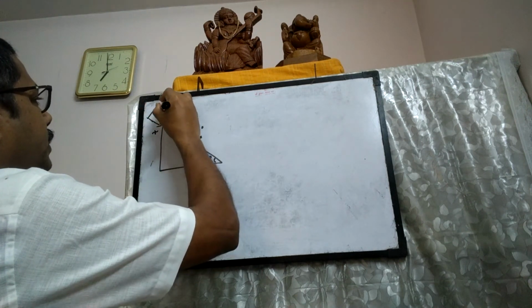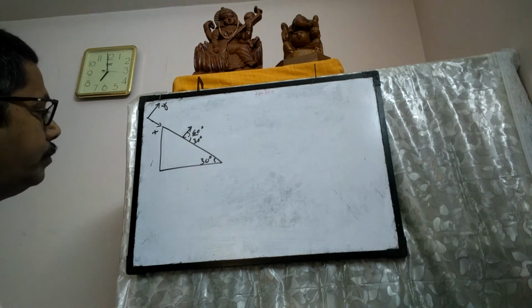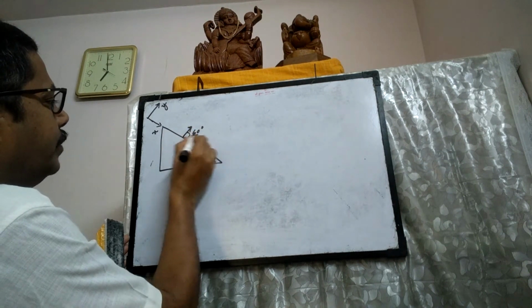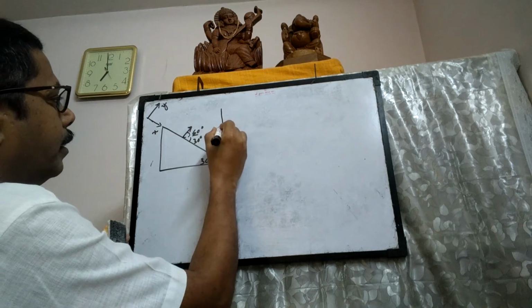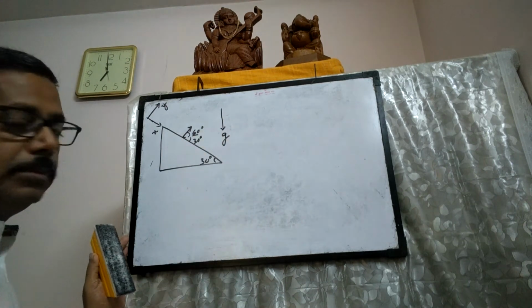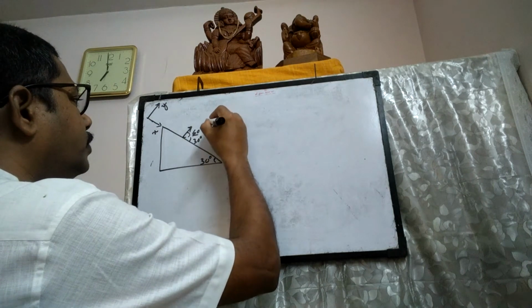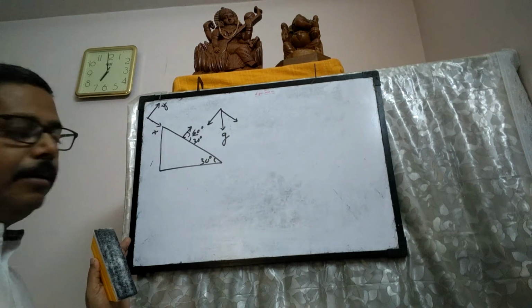Okay. Now this is x-axis and this is y-axis. Now, you know this angle is, if you observe this, on the inclined plane, now suppose the direction of g, right? What are the values of g normal to the inclined plane and along the inclined plane?